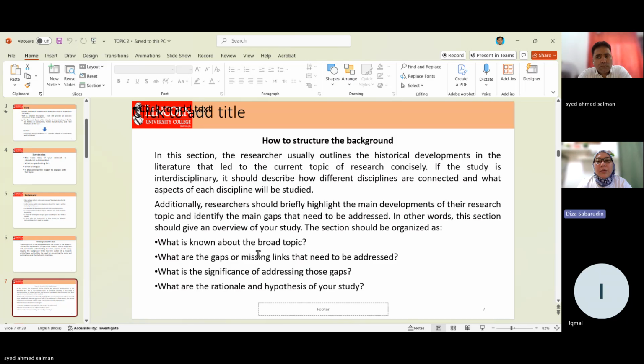For example, if my research is about the effect of social media on academic performance, include both social media usage and academic performance in the title. Also, if I'm studying a specific group or region, I must include that in my title also.